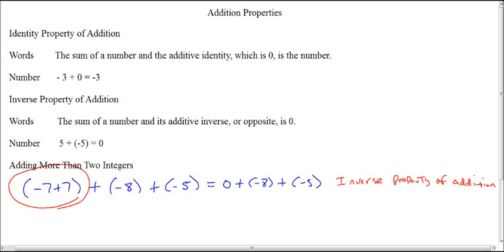Let's move on a little further. Now we're dealing with 0 plus a negative 8 plus a negative 5. So we can drop the 0 and make this a negative 8 plus a negative 5. It's a little more conducive to the eyes.